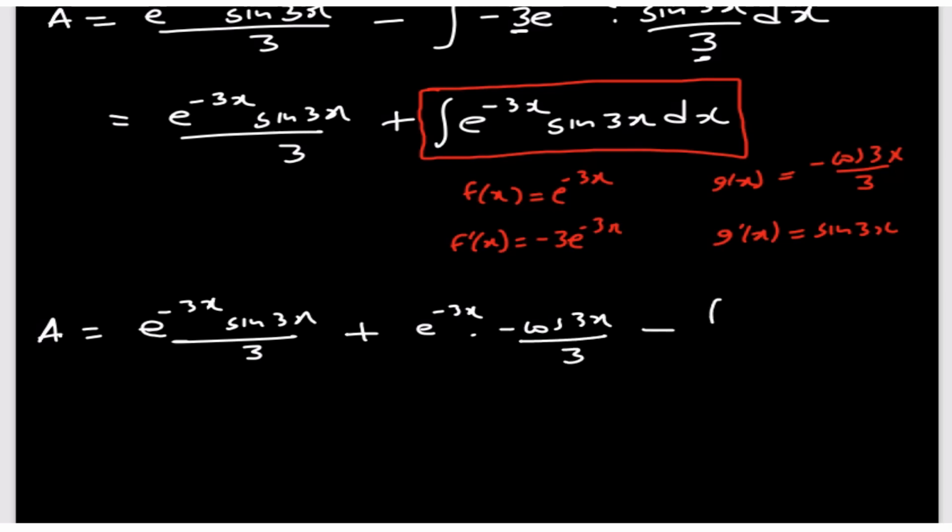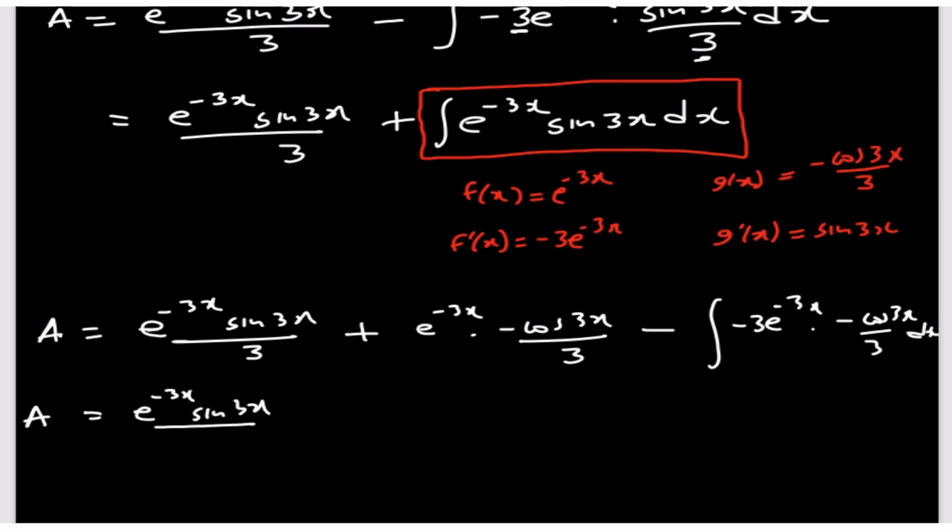Minus integral of f prime of x times g of x. Don't forget dx there. This is still A, so I have e minus 3x sine 3x over 3. Then that minus will make that whole thing minus.